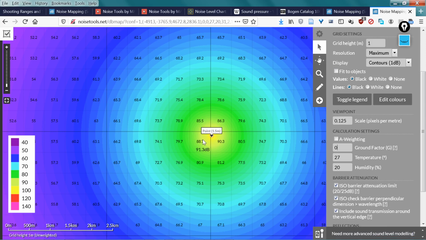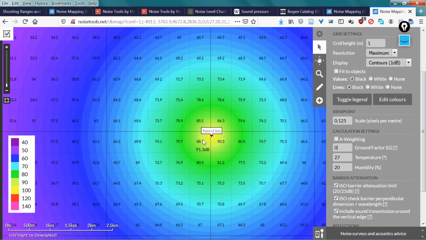So I'd have to run 2 simulations to give me an idea of what the sound would look like over the entire range of ground phenomena. So remember, the ground phenomena can have a very serious impact, more impact than whether you're at ground level or at an elevation.